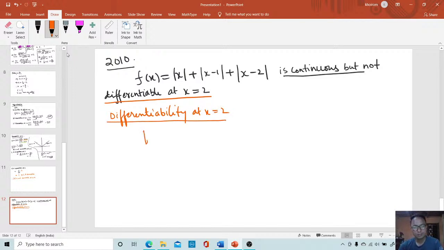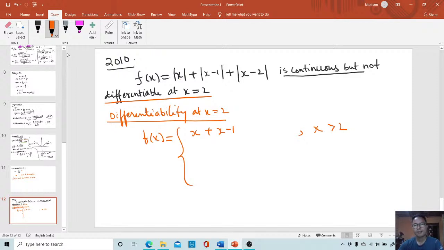For x greater than 2, modulus of x is x because x is positive, plus x minus 1, which for x greater than 2 is positive, so it will be x minus 1.